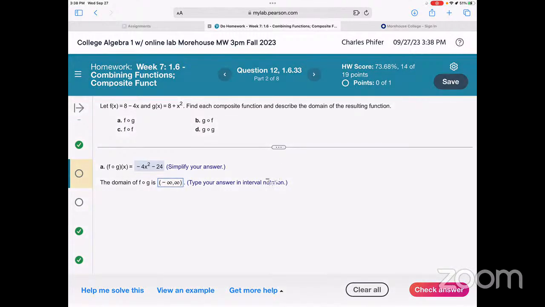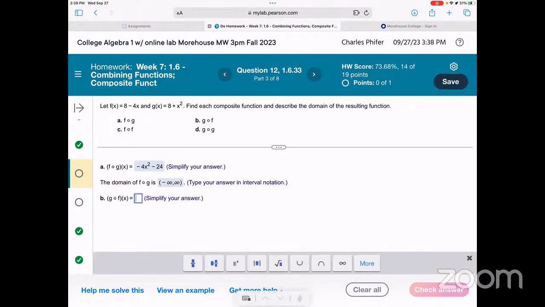g composed f. Okay, so let's start with the outside function, which is going to be 8 plus x squared. But remember, we're going to start by replacing each x with the blank parentheses. And then what goes into the blank parentheses is f, which is 8 minus 4x. Okay, so we've got a square, so we need to FOIL.